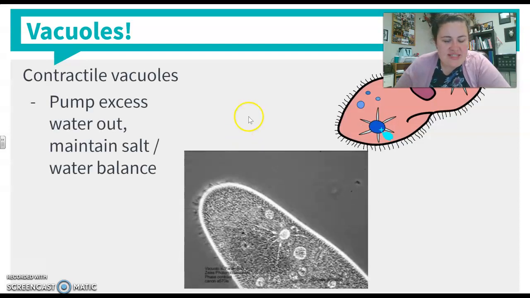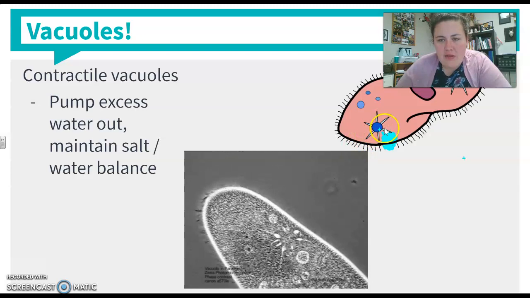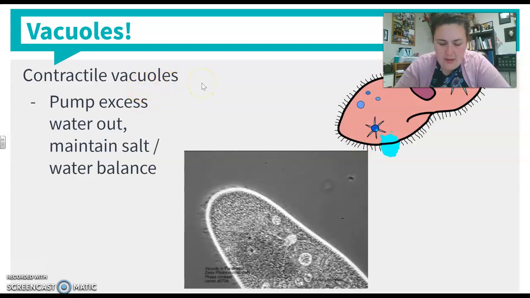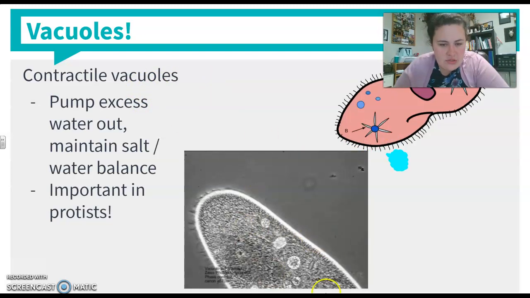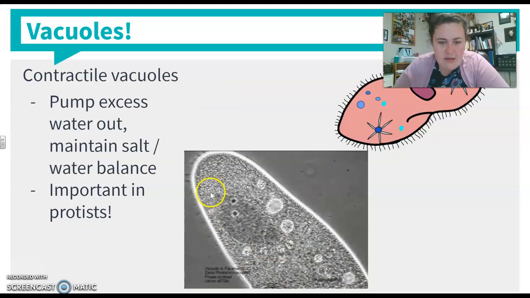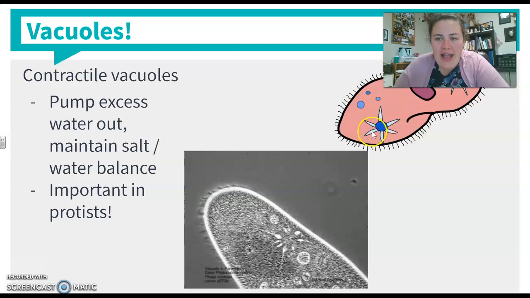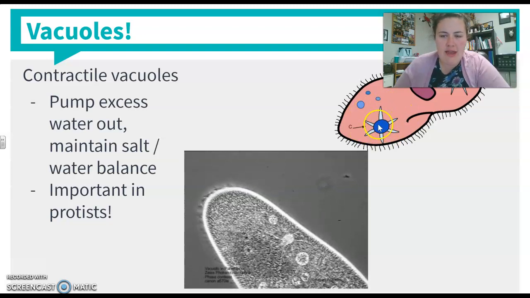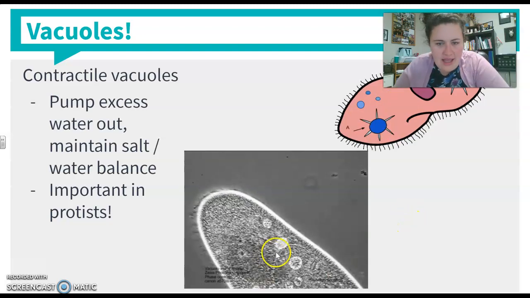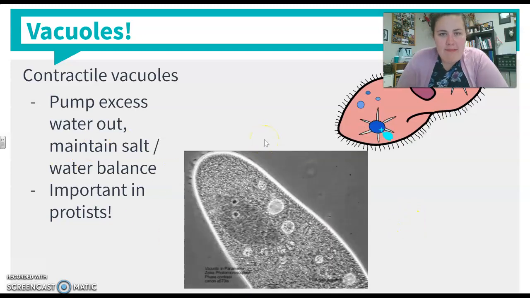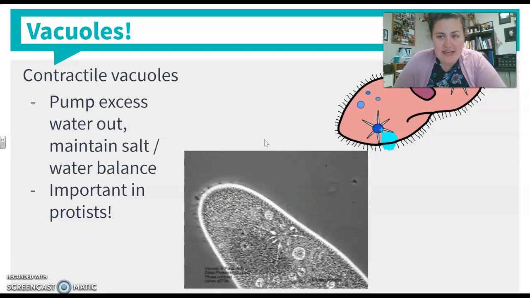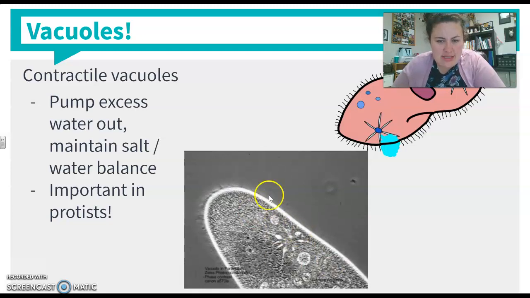Alright, just for funsies, we also have these things called contractile vacuoles. They're very important in paramecia, like protists, so we've got this paramecium protist down here. You can see he's going to suck water out of the interior into that vacuole and then blow it out the outside. That's going to help him maintain water balance and salt concentrations in these single-celled organisms.